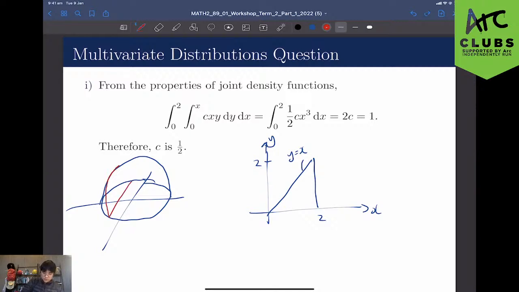So the slice is going to look like this. That's the first integral you do inside. And then the second integral outside is just adding up all these slices, the areas of all these slices that you find in the middle integral.